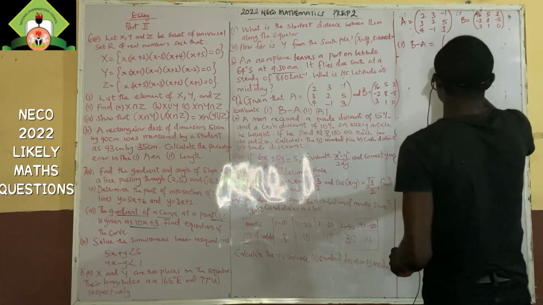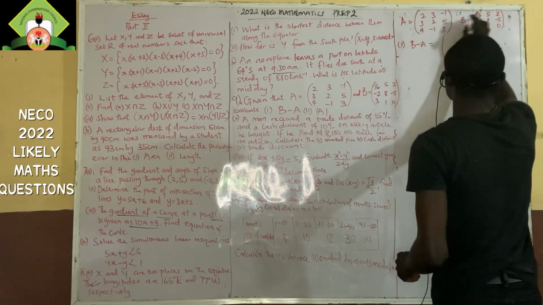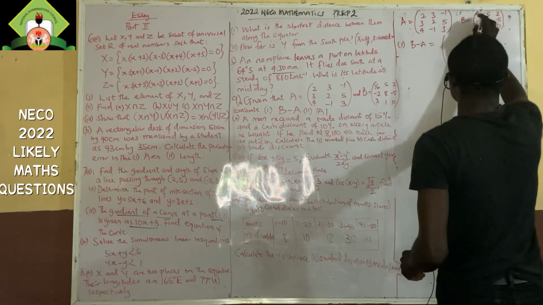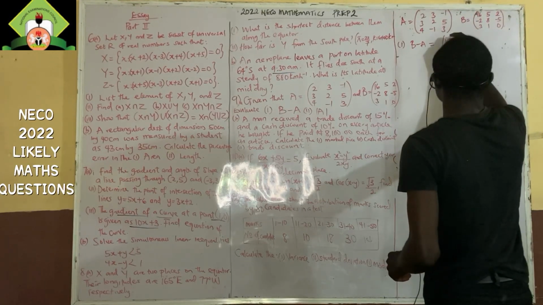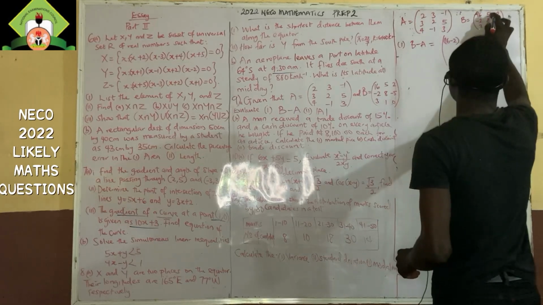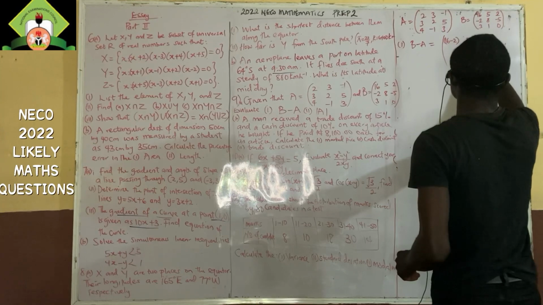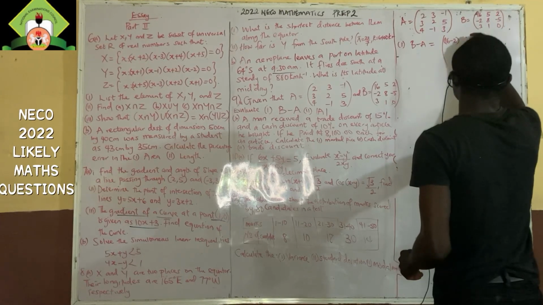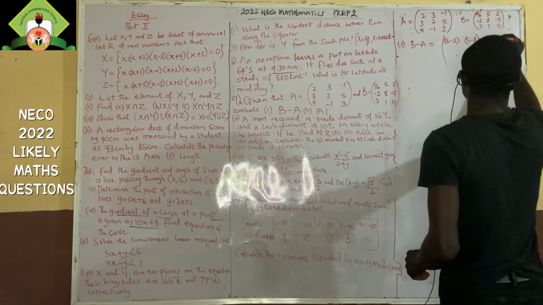You open a big bracket like this. Since we are saying B minus A, it will be 16 minus 2, 5 minus 3, 2 minus 1.